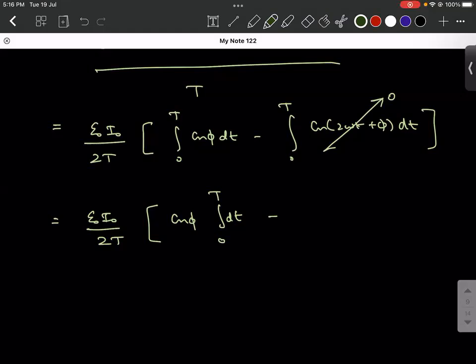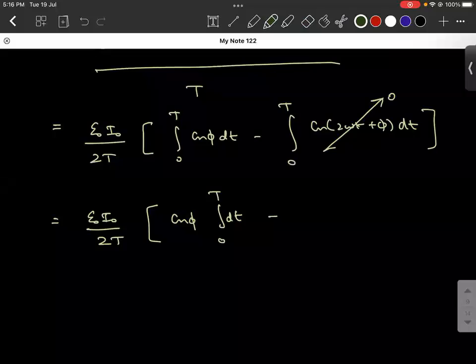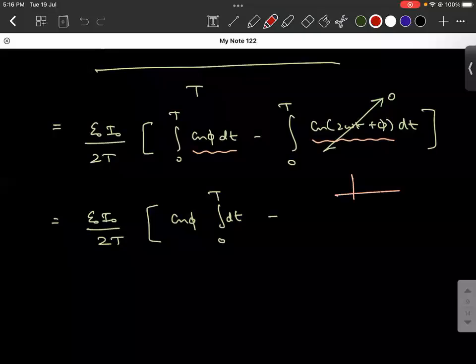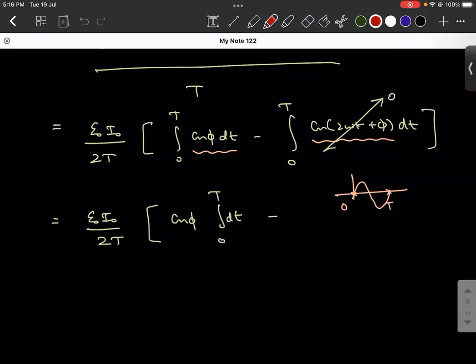I repeat this, everyone concentrate. Here I have cos phi dt, and here I have cos of 2 omega t plus phi dt. Both are between the same interval 0 to capital T, that is, in one complete cycle. So this is 0, and this is capital T in one complete cycle.